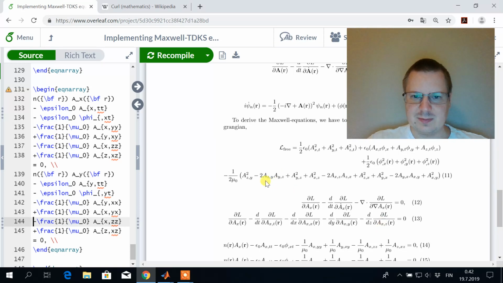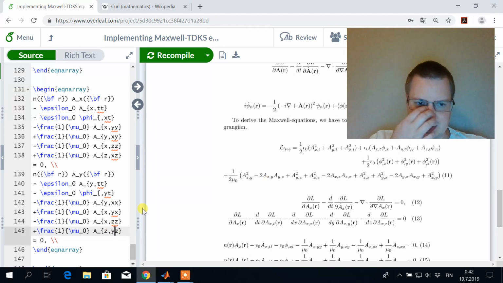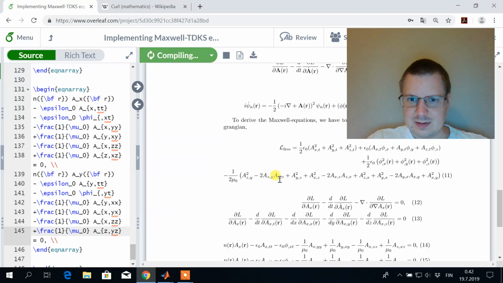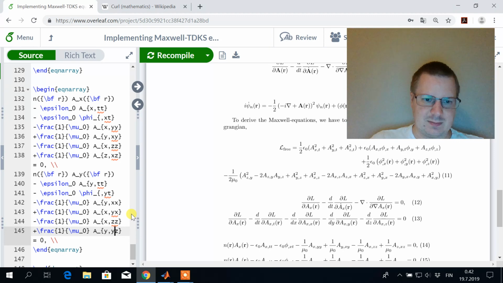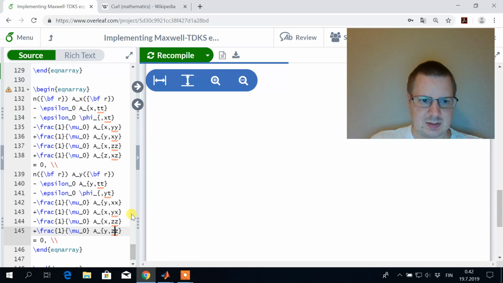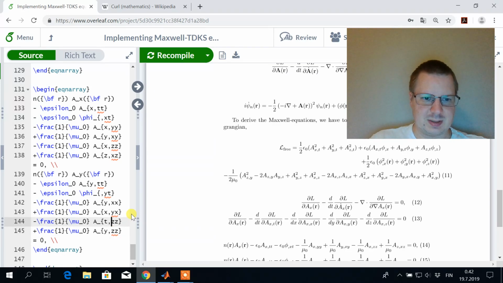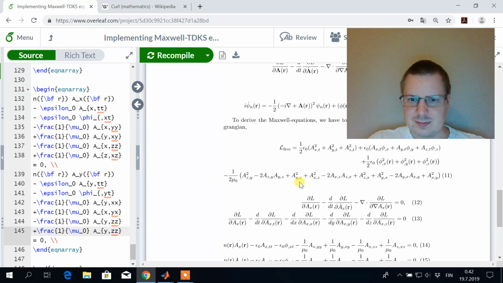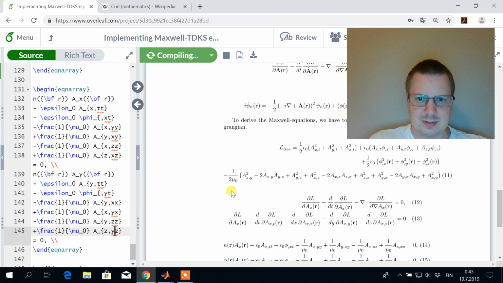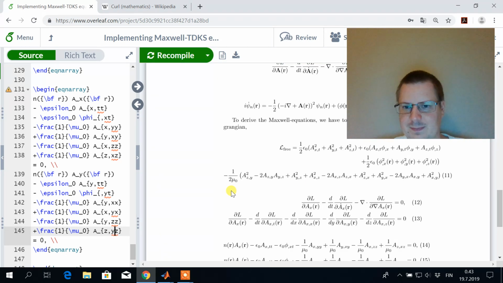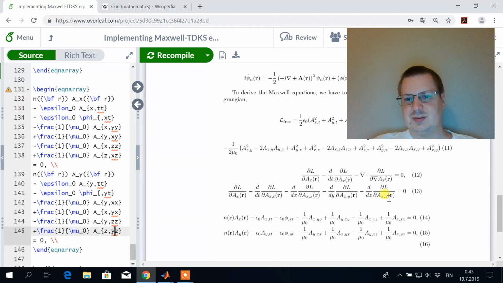A y z will be a zy over z, and then we have a y z squared, so we will have a y z or z, wait, it's the same, so y z z, and so this y z was n z y z. Let's see if it's in any way symmetric.